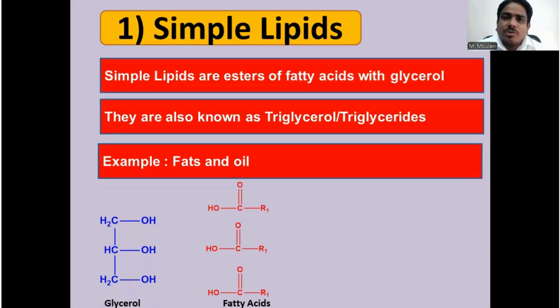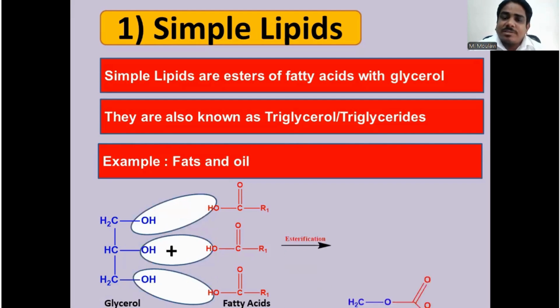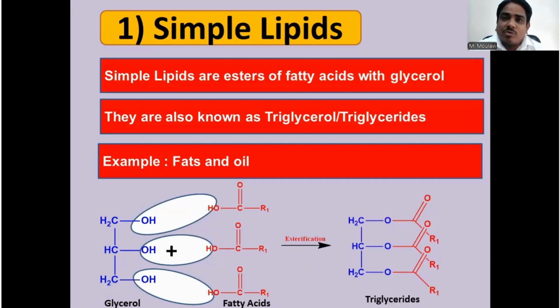Three molecules of fatty acids undergo esterification with the three alcohol groups of the glycerol, forming the triester, and this triester is known as the triglyceride. So this is the esterification reaction. Simple lipids are esters of fatty acid with the glycerol, and are also known as the triglycerides.